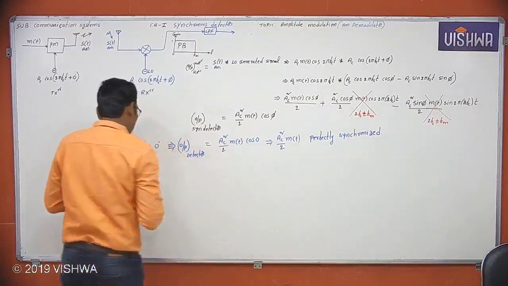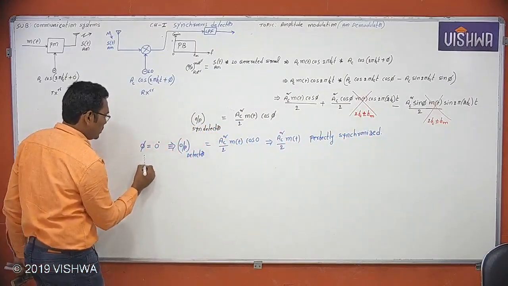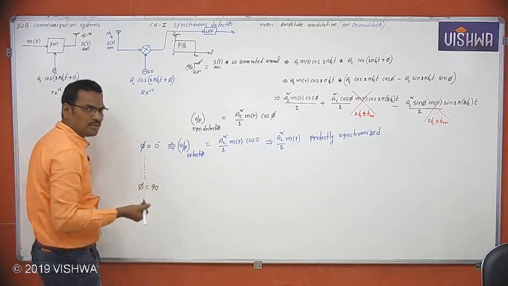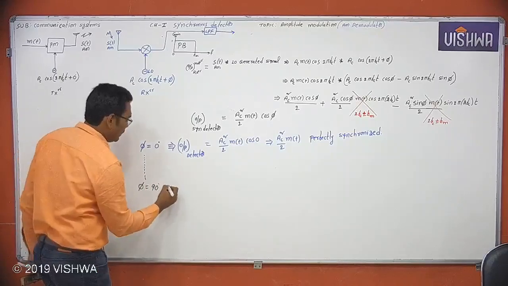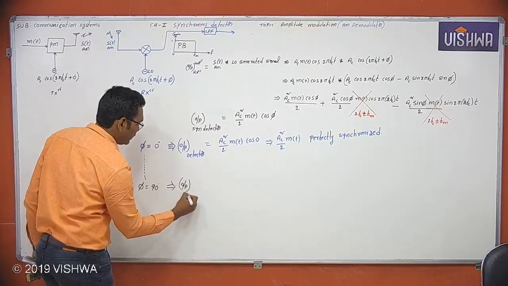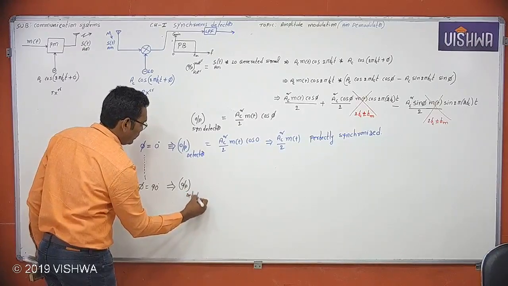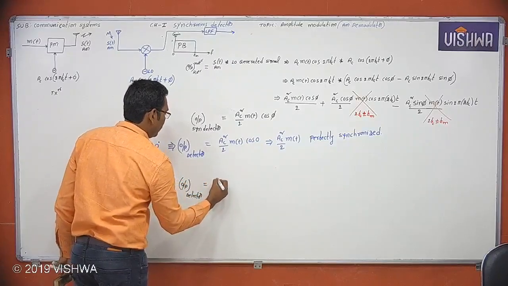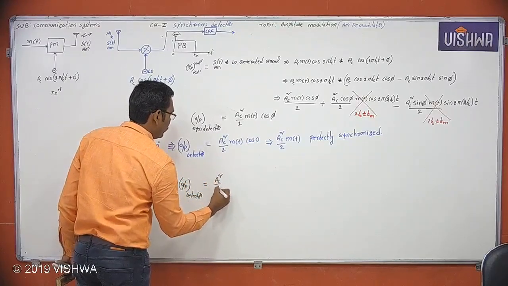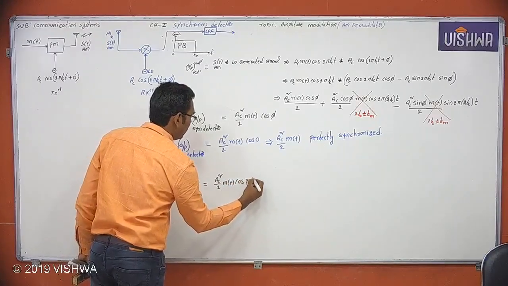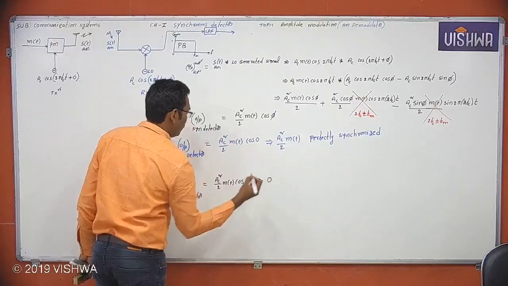But sometimes the phase may change, and the phase may be 90 degrees, meaning the phase is mismatched by 90 degrees. Then the output of the detector is AC square by 2 m of t into cos 90 degrees, which is nothing but 0.